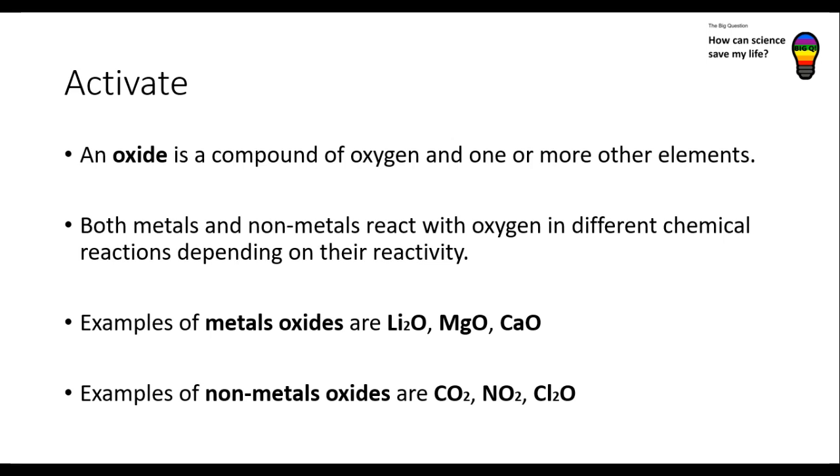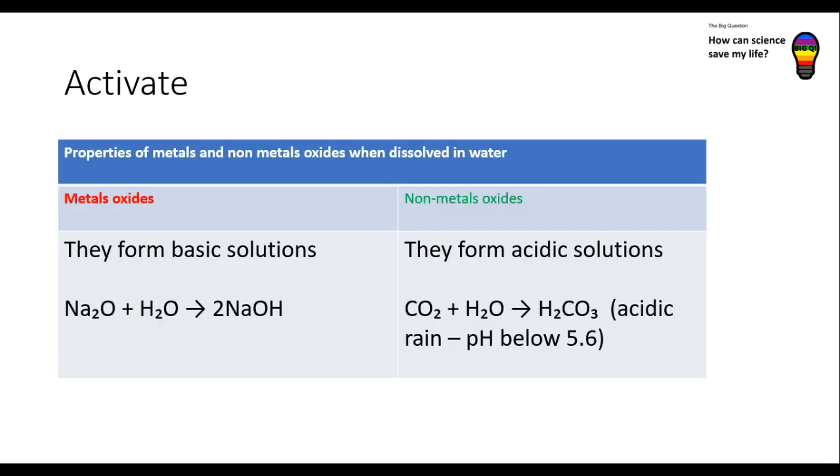So metal oxides are simply a metal combined with oxygen, and non-metal oxides are simply non-metals combined with oxygen. And examples, you can see them. They've got, for example, lithium oxide, magnesium oxide, calcium oxide for metals, and carbon dioxide, nitrogen oxide, and chlorine oxide for non-metals.